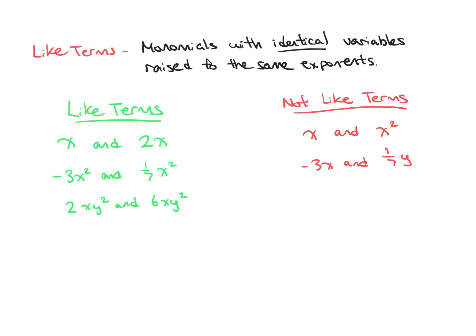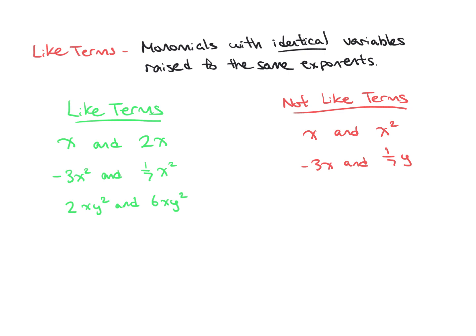Those are examples of like terms. Both monomials have an x and a y. The exponent on the x's of both terms is the same, it's 1. And the exponents on the y's of both terms are also the same. The exponent of y is 2. It has to be perfectly identical like that for the letter parts in order to be like terms.